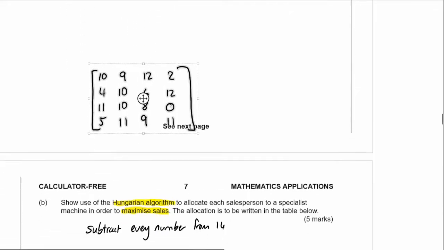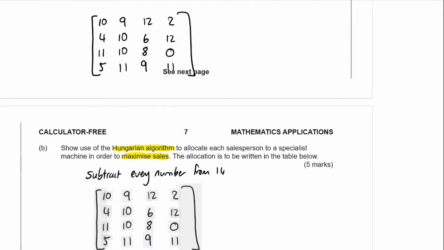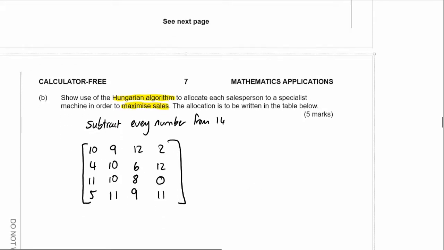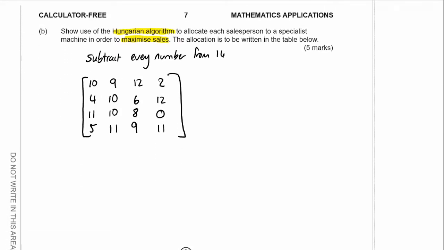And what I'm going to do is I'm just going to grab this and we'll move it down. And that just goes there. All right, so that's the first thing we have to do. And now we can just go through the normal process of the Hungarian algorithm.